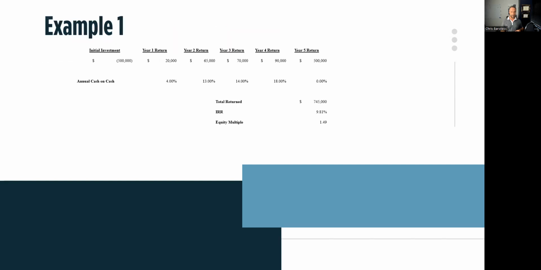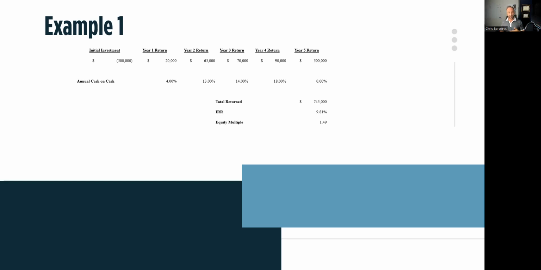So I have a couple examples here. Let's say you put $500,000 into a real estate deal. First year, you get back 20 grand, which is a 4% cash on cash return that year. Next year, 65,000, that's a 13% return on your original investment. You get 70 grand the next year, that's a 14% return on your original cash.